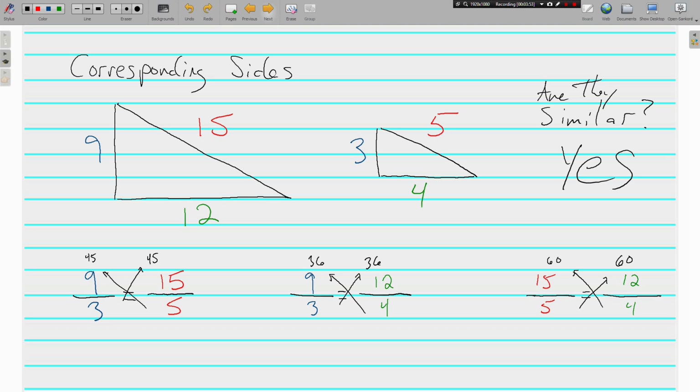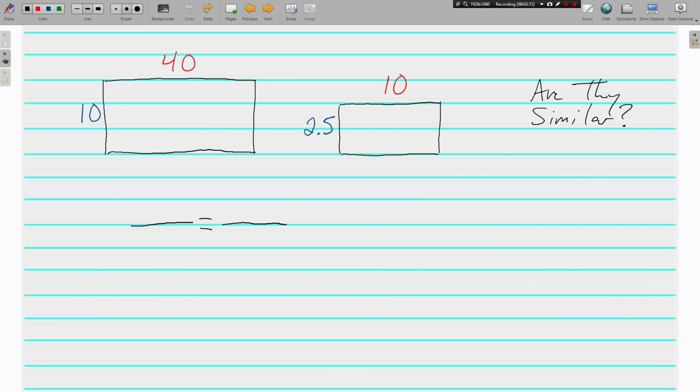Let's look at another. Here we have some rectangles. We're being asked if they are similar. Well, we're going to have to check the corresponding sides. 40 and 10. Now they're rectangles, so we know that the sides opposite are also 40 and 10. And the widths of these rectangles are 10 and 2.5.